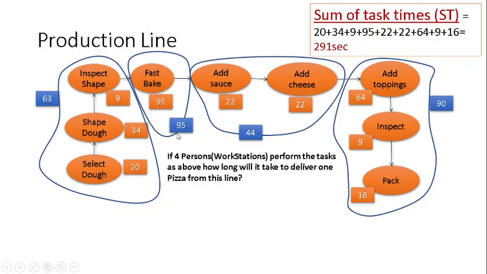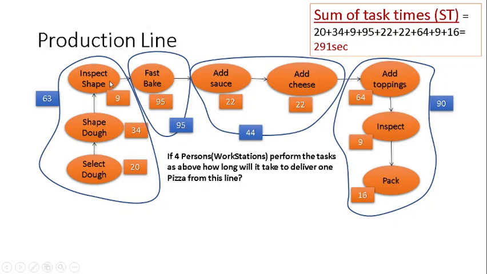So we cannot avoid keeping this task as a single task assigned to one workstation, and we figure out whether we can group the rest of the tasks in a way that they do not exceed, or are around, 95.